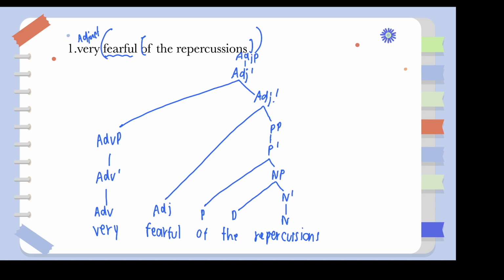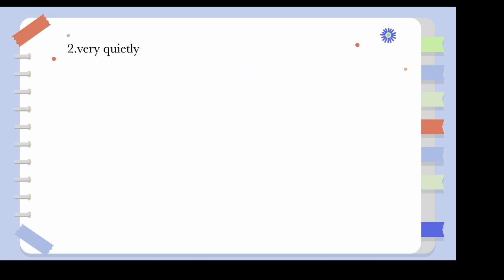Okay, that's it. And okay, or "very quietly" with this ADVP. So "very quietly." In this "very quietly," quietly, we don't have N here. Quietly is an adverb, so quietly is our head, right?